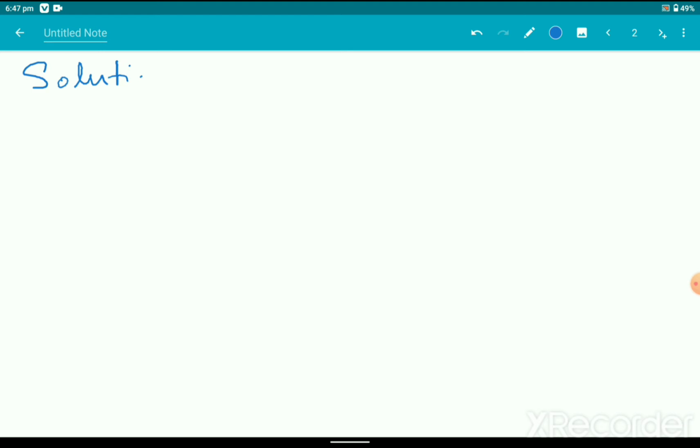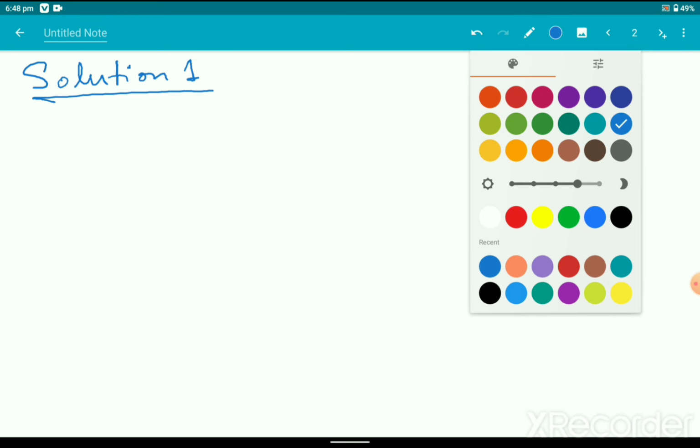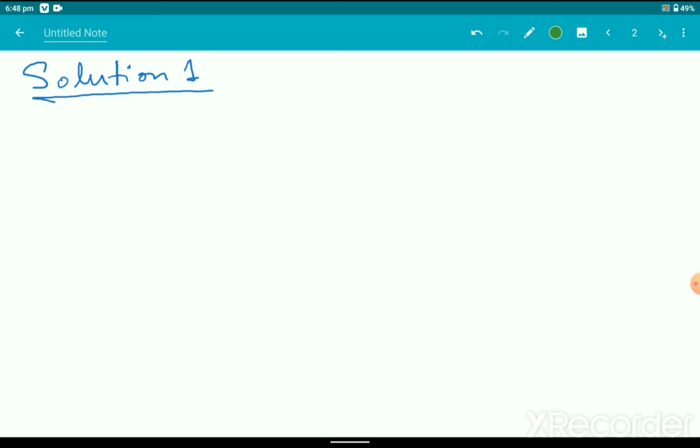Solution 1. So what are the things given? First of all, let us note down the given things. Before writing part 1, let me write the given points. Mass of person A is equal to mass of person B is equal to 50 kg.